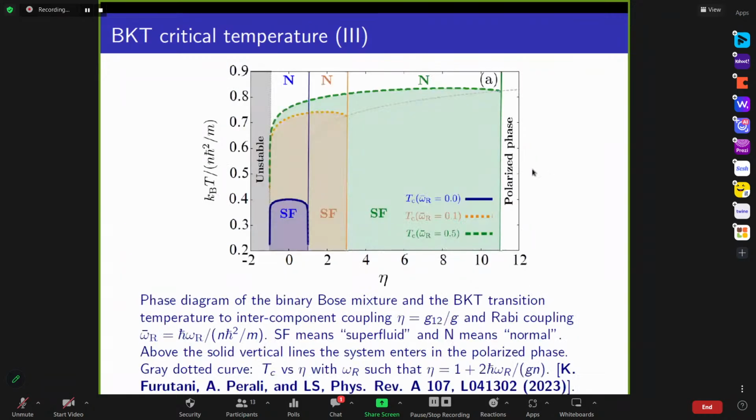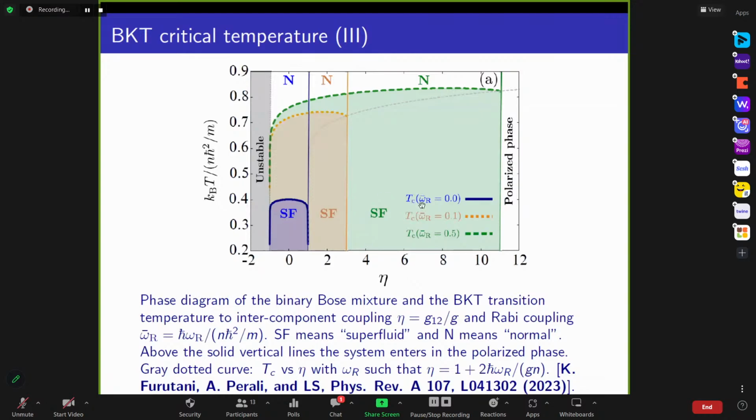This is the most important plot, if you want, that is a sort of a phase diagram in which you have on the horizontal axis eta, and remember that eta is nothing else than the G12 divided by G, namely the inter-particle interaction strength divided by the intra-particle interaction strength G, and instead on the vertical axis you have the critical temperature. And for instance, here there are different values of the Rabi frequency.